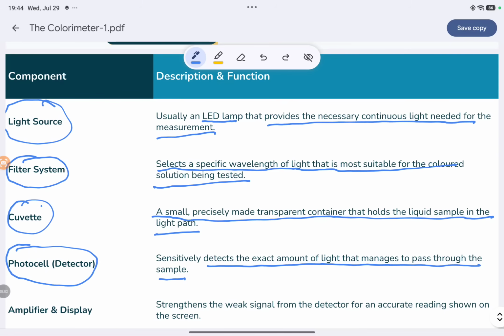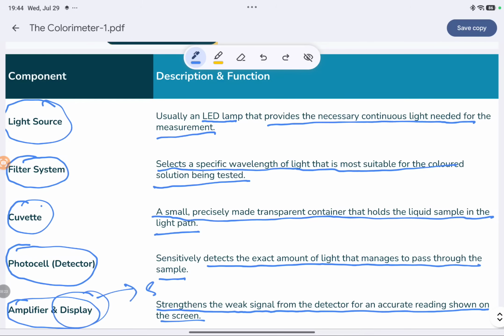Then there are the amplifier and display. The amplifier strengthens the weak signal from the detector for an accurate reading shown on the screen. And the display is the screen in which the absorbance is shown.